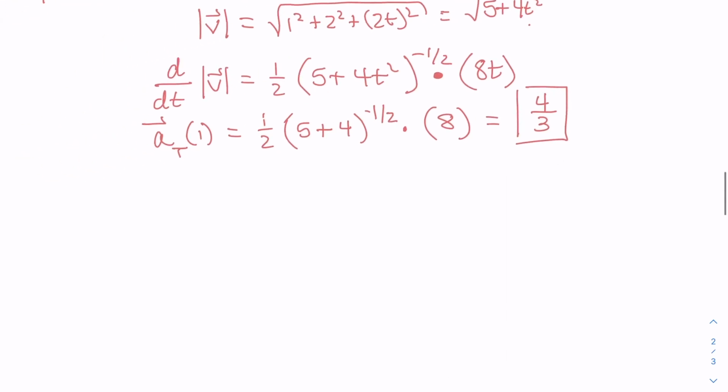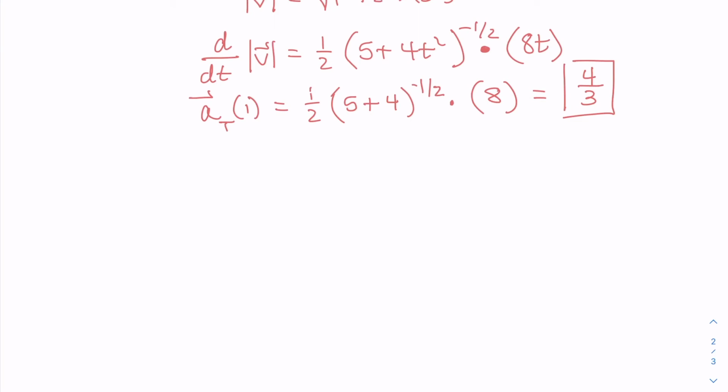And now we'll use that to find the amount in the normal direction. So now we'll work on constructing a sub n. And right, that's equal to the square root of the magnitude of acceleration squared minus the amount in the tangential direction squared. So we first need to find what the acceleration vector is and take its magnitude.